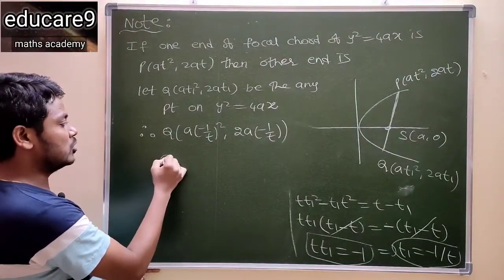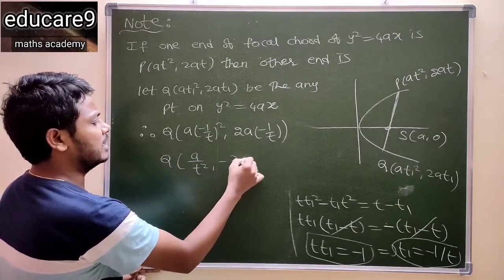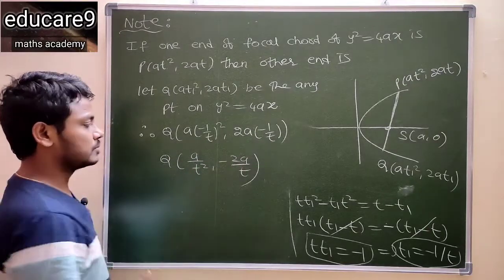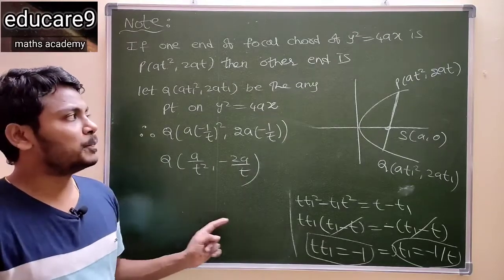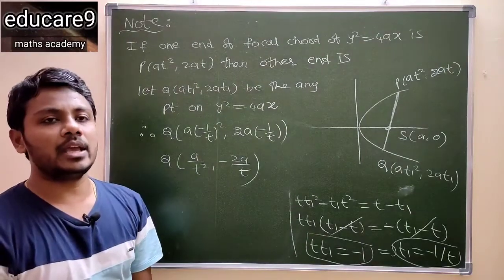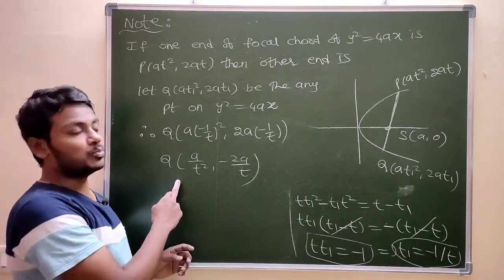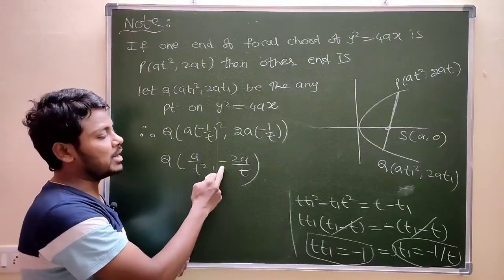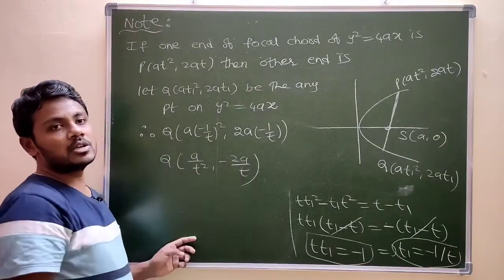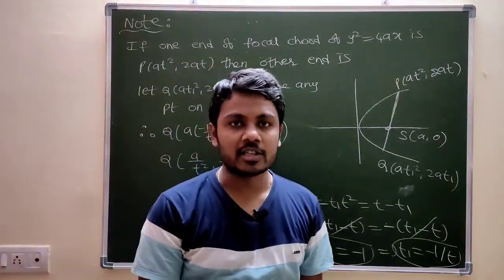So this Q point is (a/t², −2a/t). Okay. If P(at², 2at) is one end of the focal chord, then the other end should be (a/t², −2a/t). So you have to remember this formula. For the next session we will discuss more problems.